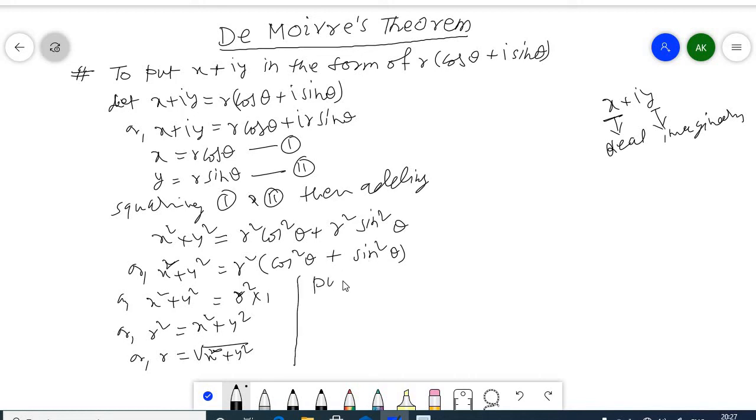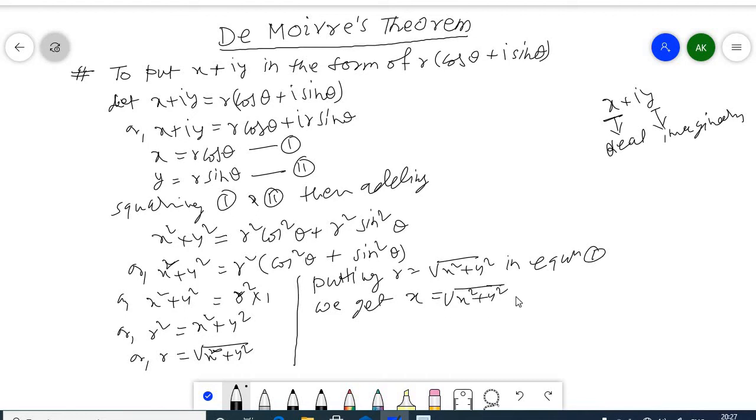Putting r is equal to root under x square plus y square in equation 1, we get x is equal to r, that means root under x square plus y square, into cos theta, or cos theta is equal to x by root under x square plus y square.